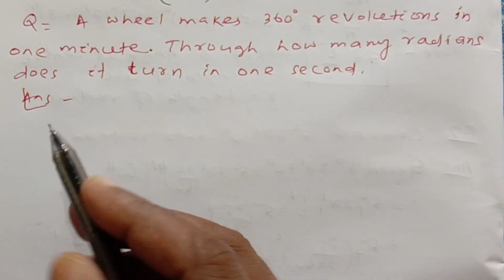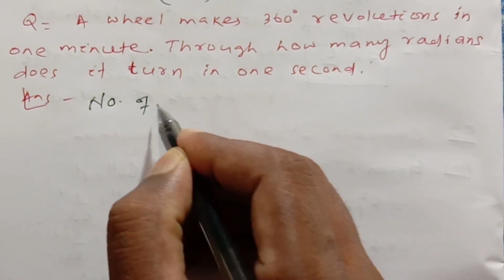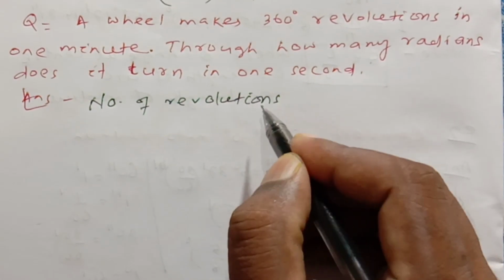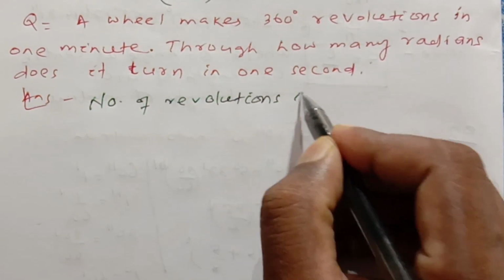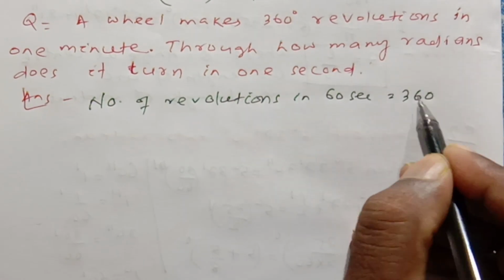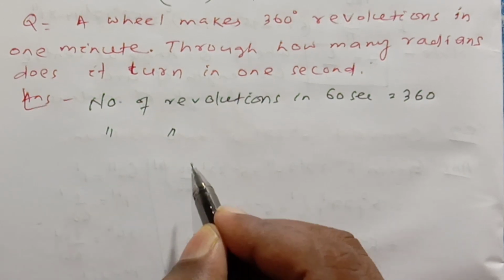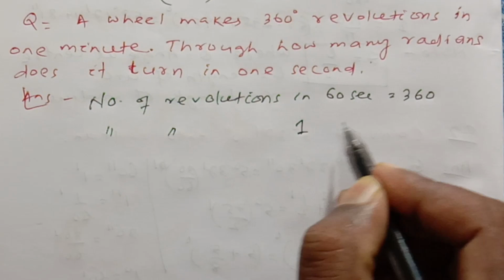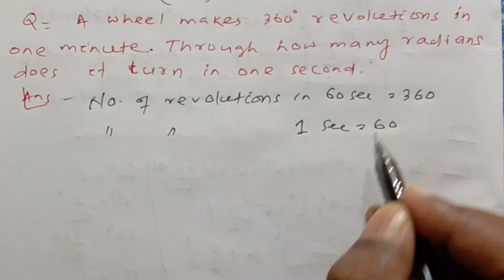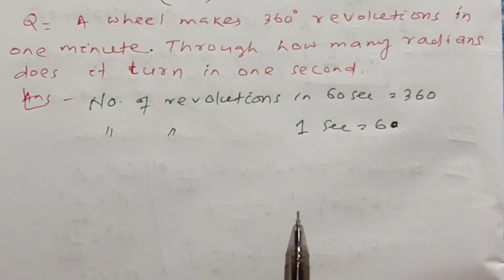That means the number of revolutions given in the question, in 1 minute, that is in 60 seconds, is equal to 360. So number of revolutions in 1 second: in 60 seconds it is 360, so in 1 second divide by 60, then how much will it be? 6. So in 1 second the number of revolutions is 6.